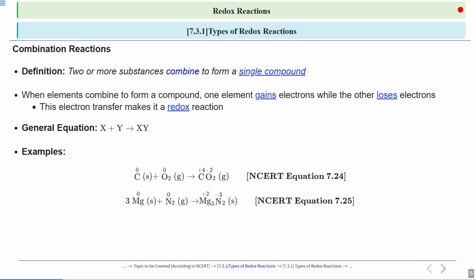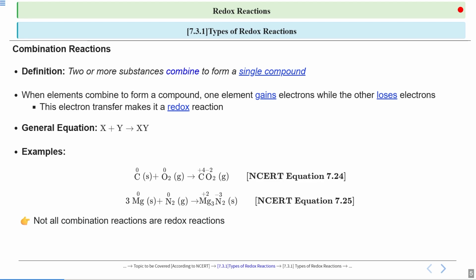When they combine and form a single compound, magnesium has changed its oxidation state from 0 to +2, while nitrogen has changed from 0 to -3. That means one has lost electrons while the other has gained them, and this loss and gain of electrons makes the reaction a redox reaction. This is NCERT equation 7.25.